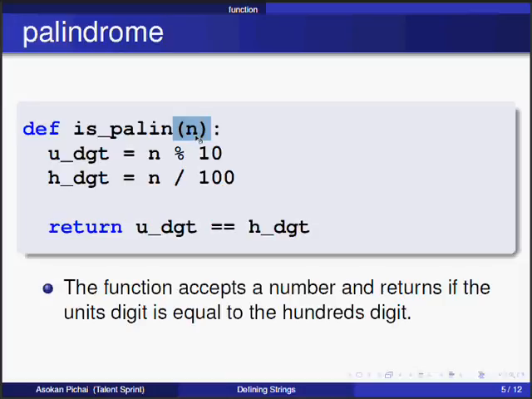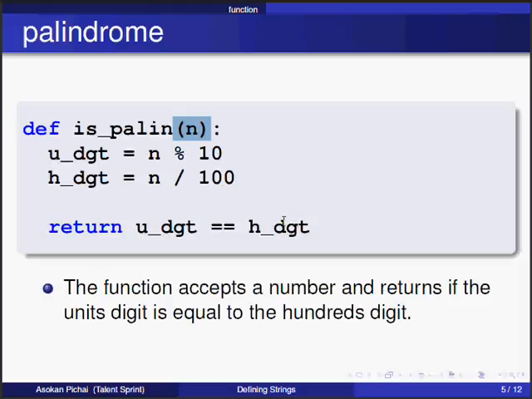N is called an argument. Argument is something that is passed to the function. So when we pass 141 to this function isPalin, inside the function 141 is available through this variable n. So inside the function we separate the units digit and the hundredths digit, and then we return if the units digit is equal to the hundredths digit or not.